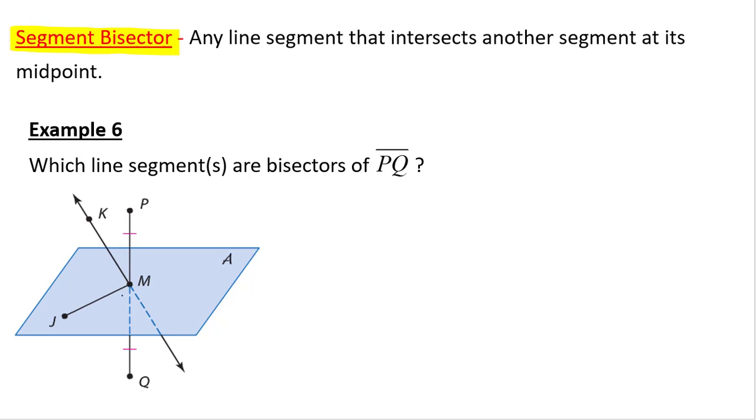Well, I know that PM is equal to MQ by these little markings that I have here. So I know M is the midpoint. What segments hit M? I have segment JM and I have line KM. Both the segment and the line hit at M, which is the midpoint for segment PQ.